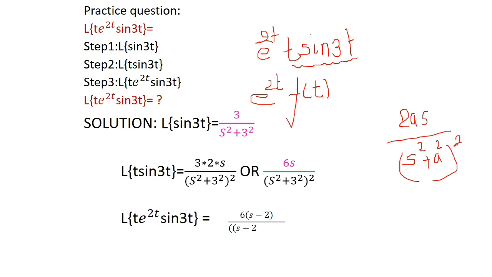So 6 times s minus 2 upon s minus 2 whole square plus 9 whole square. This is the desired solution. By using this property, you are able to solve many questions.